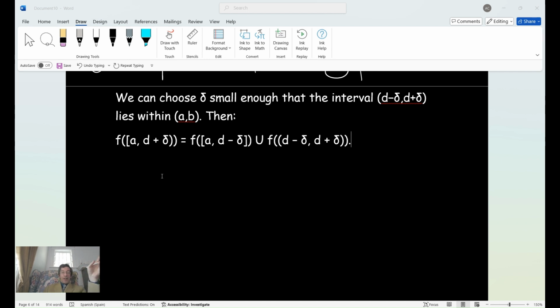And finally, with the dignity and the rigor that is befitting of our discipline, we can examine the endpoint b. We can talk about the continuity of f at b. And it assures us that the limit as x approaches b of the function is equal to f of b.